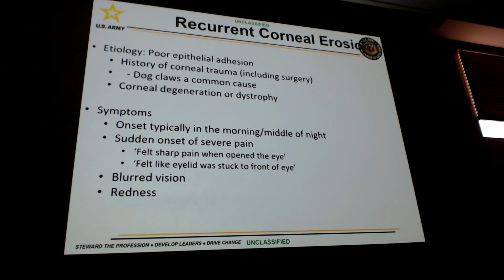I had a lot of RCEs for my first several years after PRK. I was able to train myself when I was waking up to wake up and not open my eyes because they hurt so much. And I would kind of just move my eyes around a little bit, gently, and then very gingerly open my eyes.